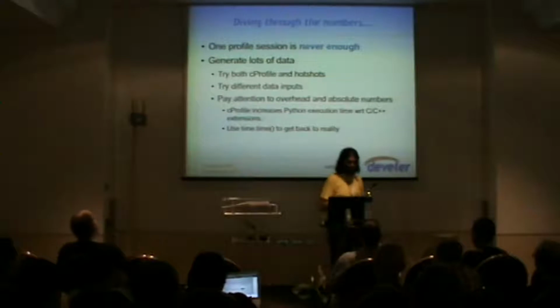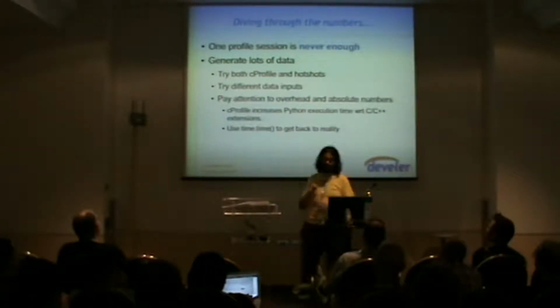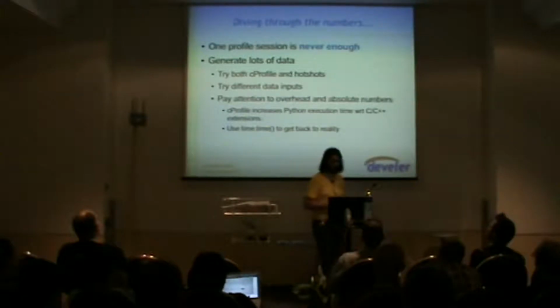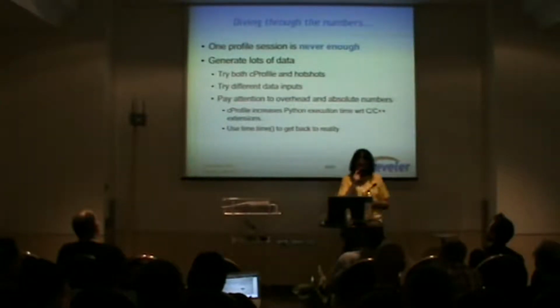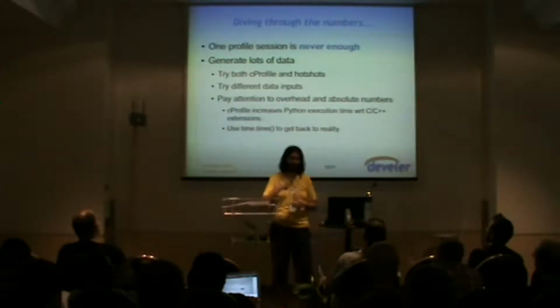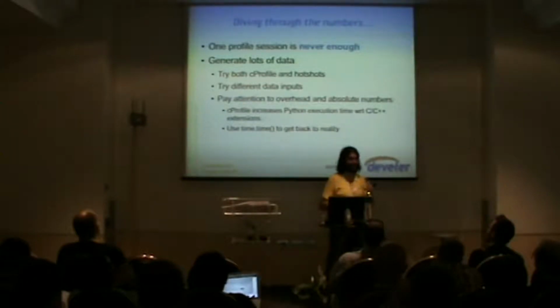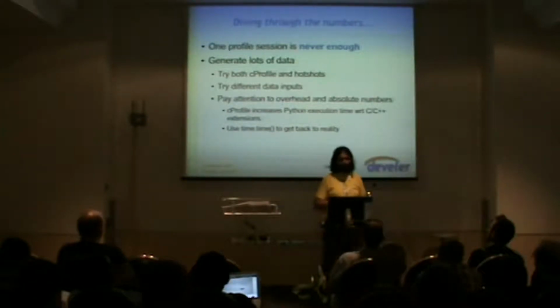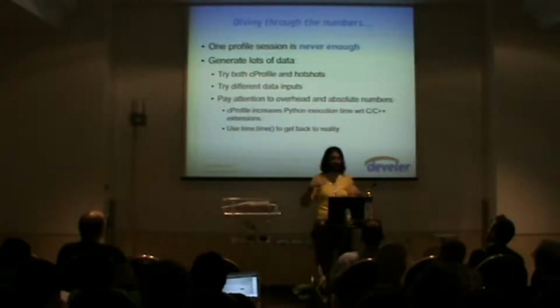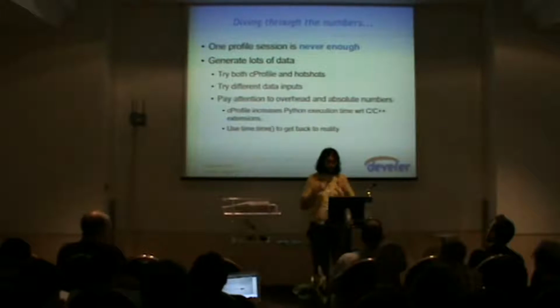Okay? So be careful not to trust absolute numbers too much. Use the profiler to compare relative numbers. And time.time is a way to get back to reality, because you just use time.time, print to standard output how long it really takes for that code to execute, and then you can scale back from your profile numbers that maybe you saved and get back to the real execution time.